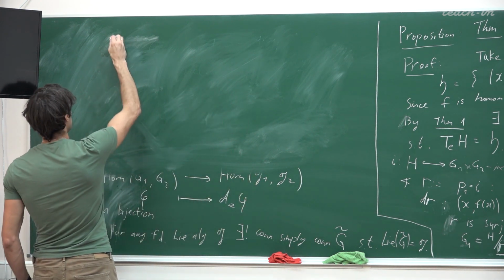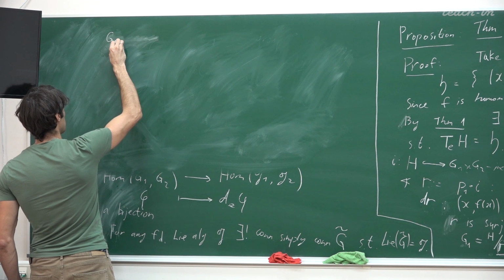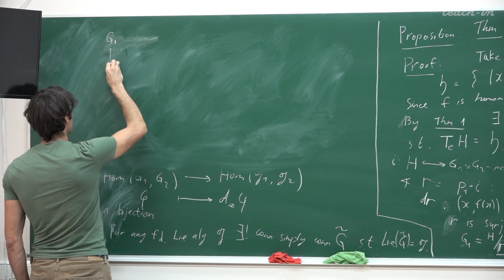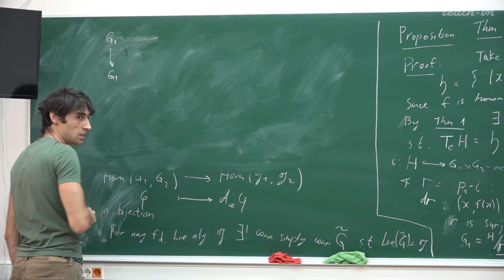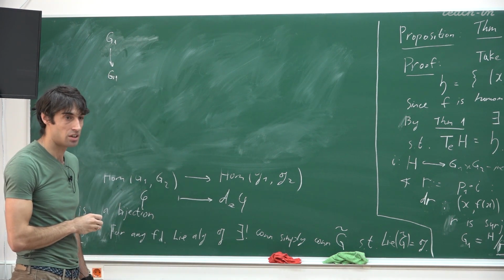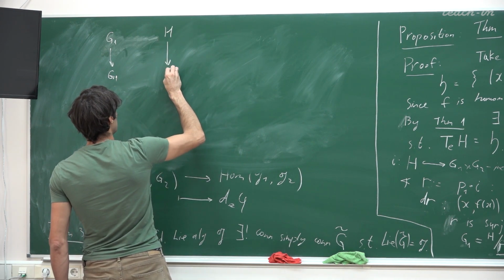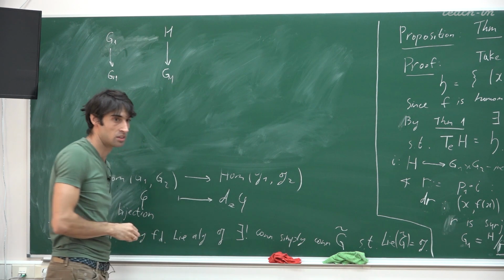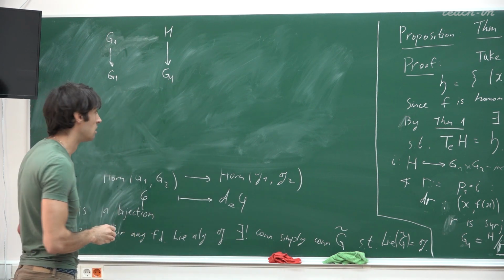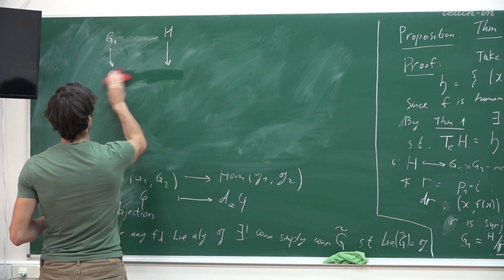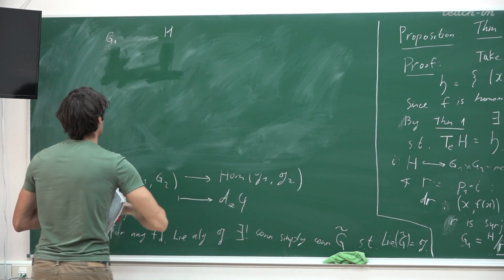Right. So G1 is kind of trivially the universal cover of itself, of course. On the other hand, we say that H is a cover of G1. Maybe I can draw this triangle like this.